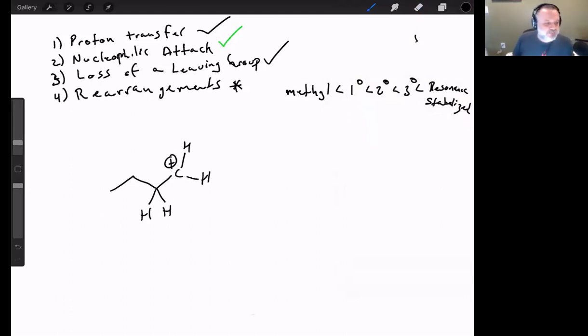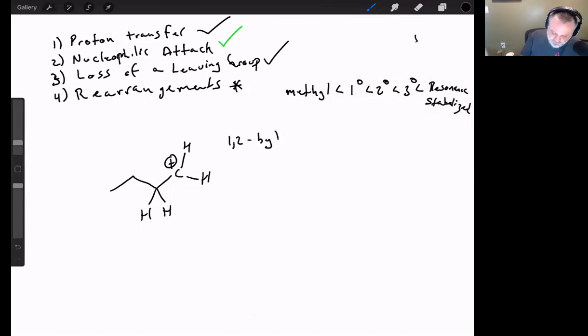What's a rearrangement? A rearrangement is a mechanistic move where a carbocation that is unstable becomes a carbocation that's more stable.